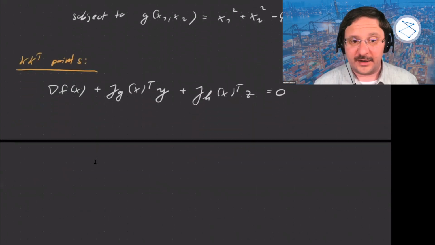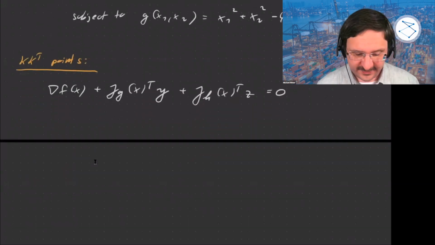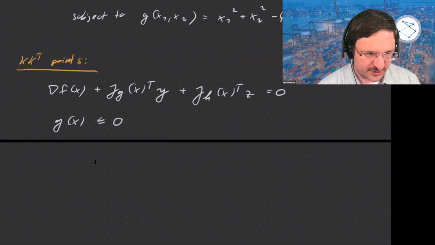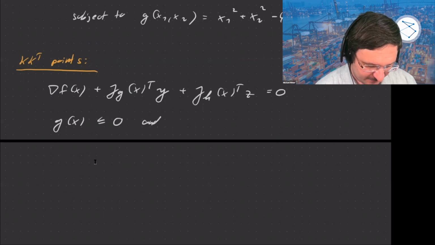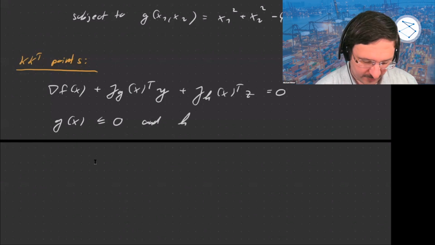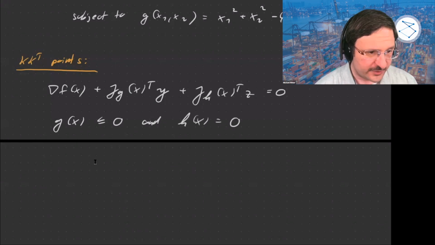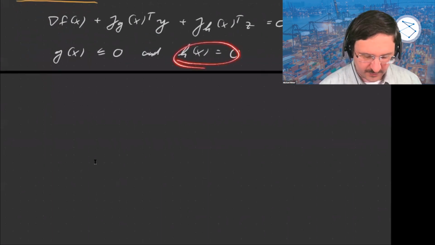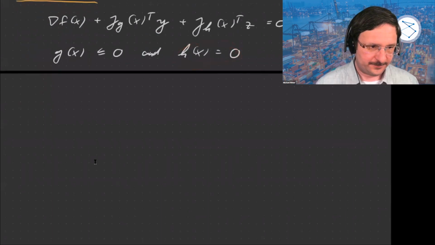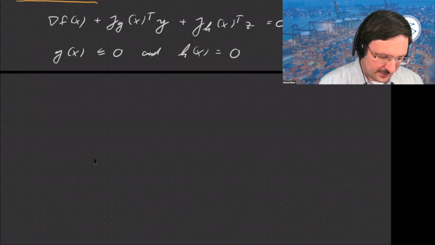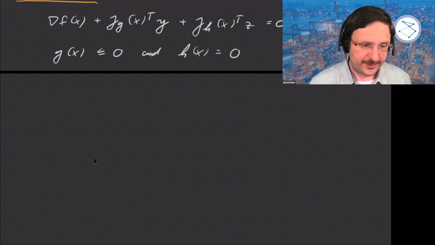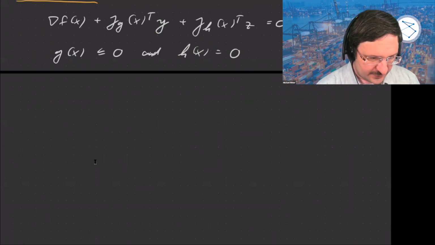So this is, again, the Lagrange condition. Then we need feasibility. Feasibility basically means we need to make sure that the point satisfies g less or equal to 0, and if there were equality constraints, also h equal to 0. Again, not the case here, so we can forget about that. And now for the inequality constraints, we get a little more: two more conditions.